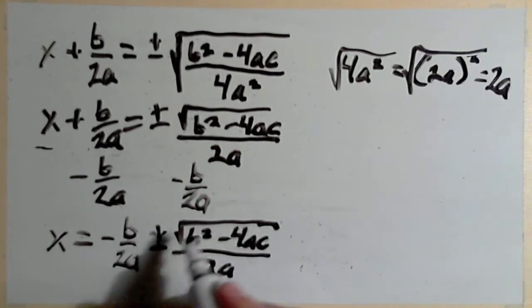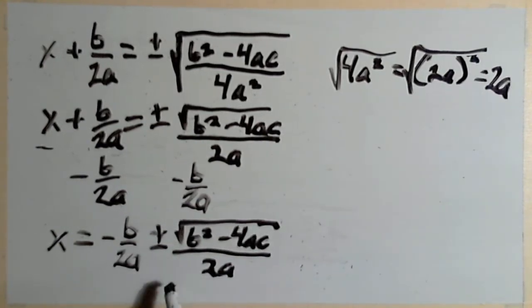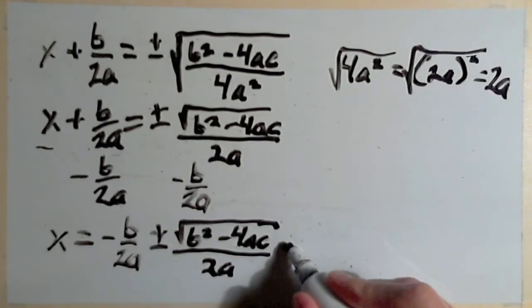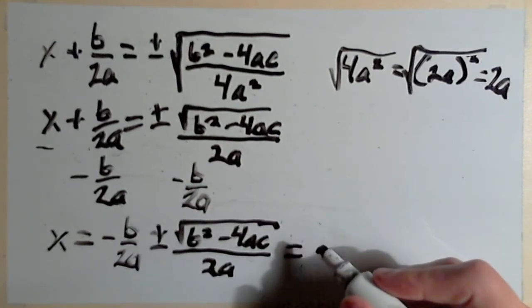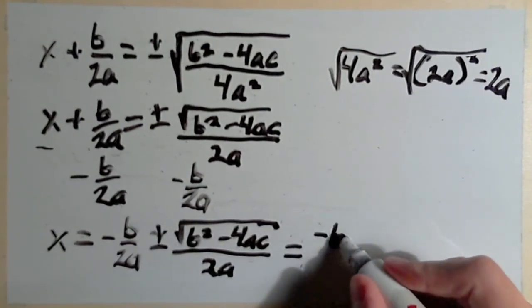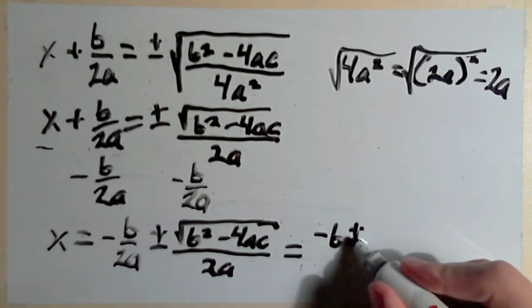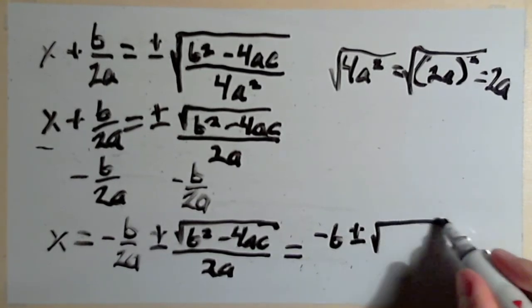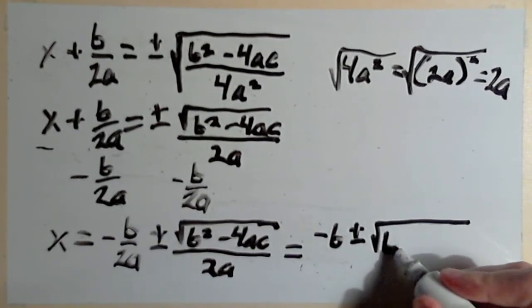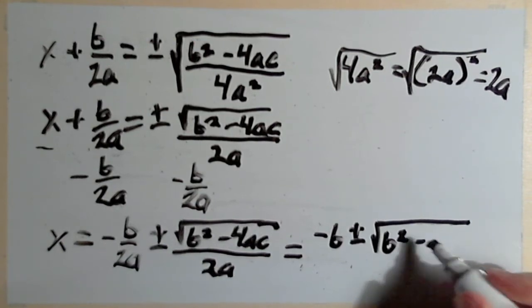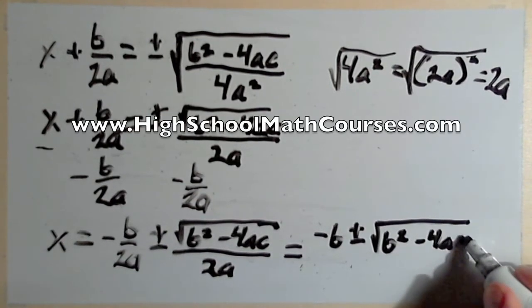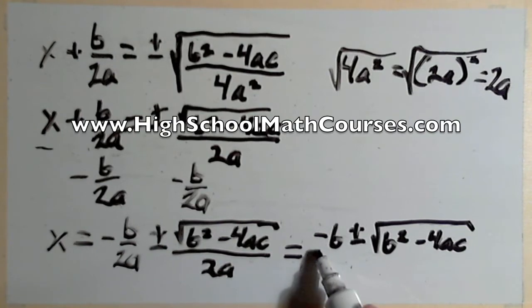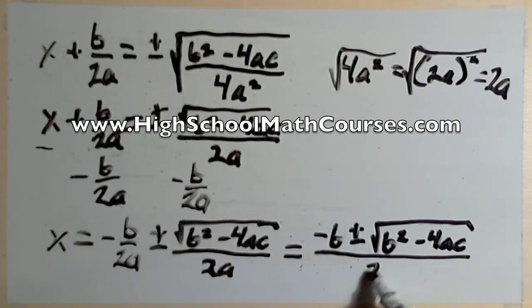This term and this term both share the same denominator, so we can actually combine those, and this expression is also equal to negative b plus or minus the square root of b squared minus 4ac all over 2a.